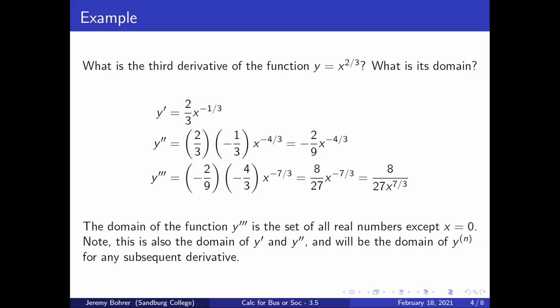And y triple prime is negative 2/9 times negative 4/3 times x to the negative 7/3, which is 8/27 x to the negative 7/3, or 8/27 x to the 7/3.